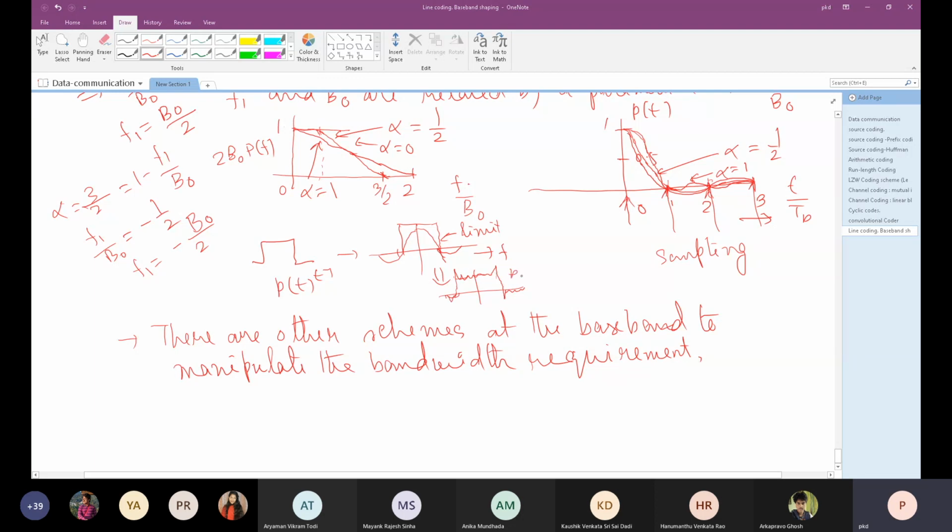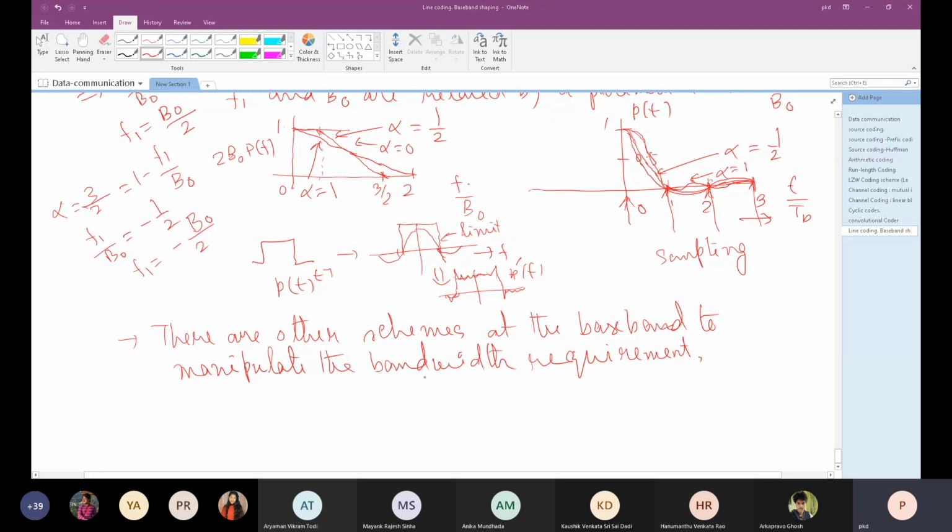So this will be beta T. Okay. Because of this, there will be a problem. So to do that, manipulate that PT such that this band limit condition is satisfied. So that was the original idea.